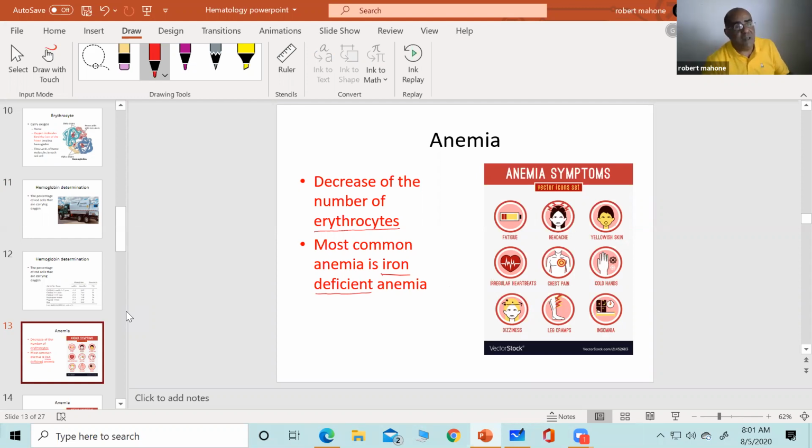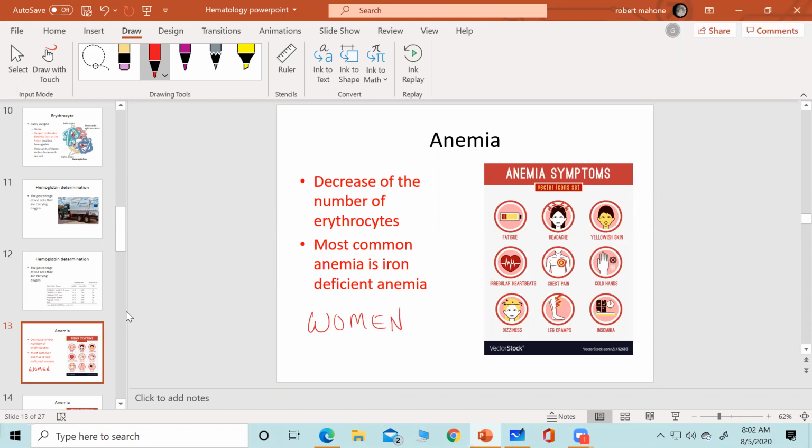If you don't have enough red cells, that's anemia. And the most common form of anemia is iron deficient anemia. And this will be more common in women. Why do y'all think that is? Menstrual cycles. Yeah.